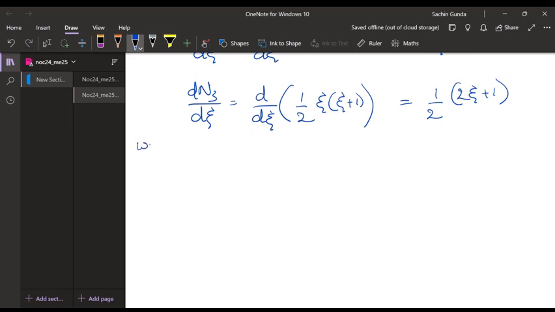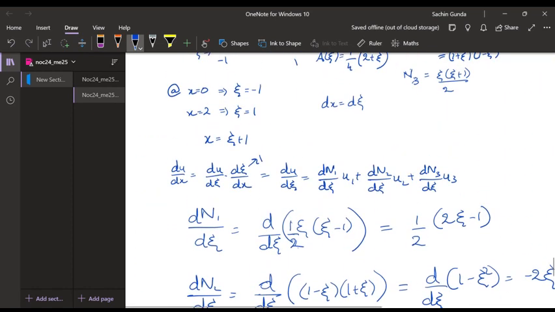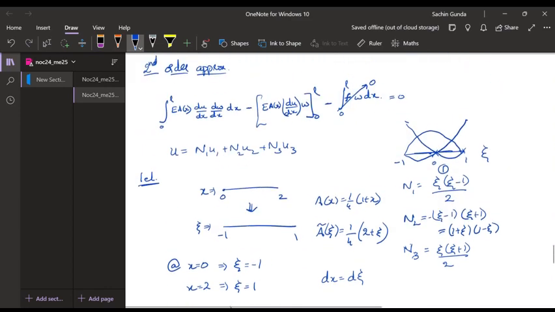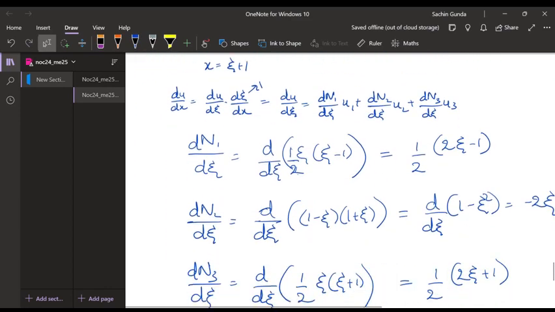For the first case, when w is equal to N1, the first equation would be in the form: E A of x is 1 by 4 times (2 plus zeta), and du by dx is dN1 by d zeta u1 plus dN2 by d zeta u2 plus dN3 by d zeta u3.